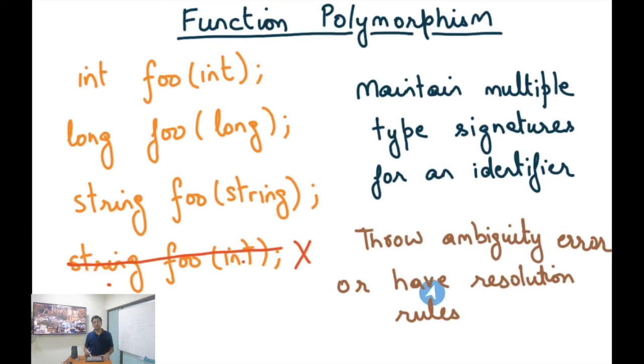Or they could have resolution rules or precedence rules where they could say that, I'm going to look at the one that matches most precisely, right? Or I'm going to look at the first definition of foo in case of multiple matches or something like that. Now that is just a language design decision, and different languages could take different approaches there. All right.